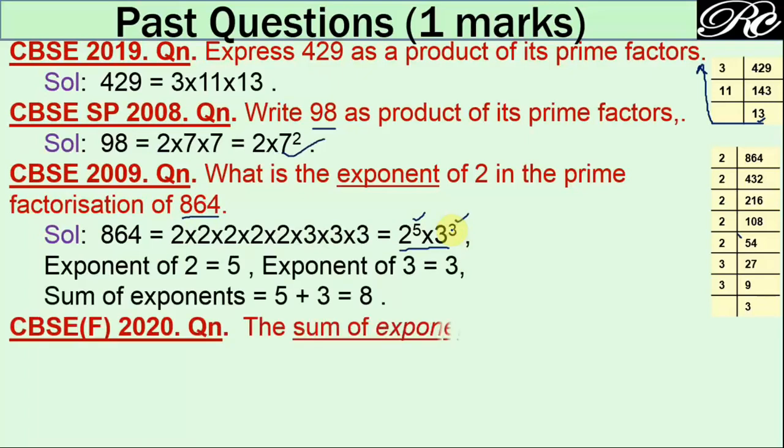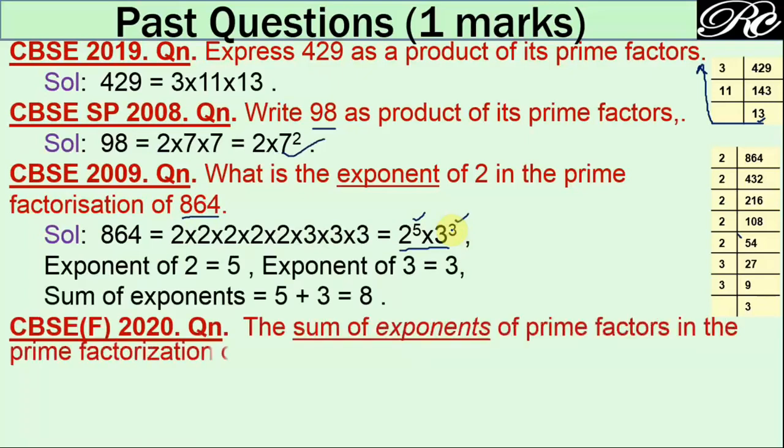The next question was asked last year in 2020. It was asked in MCQ. The sum of the exponents of prime factors in the factorization of 196 is, option A is 3, B is 4, C is 5, D is 2. So you have to go for the prime factorization of 196.